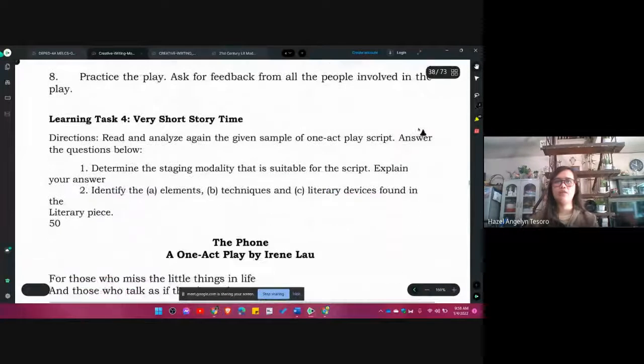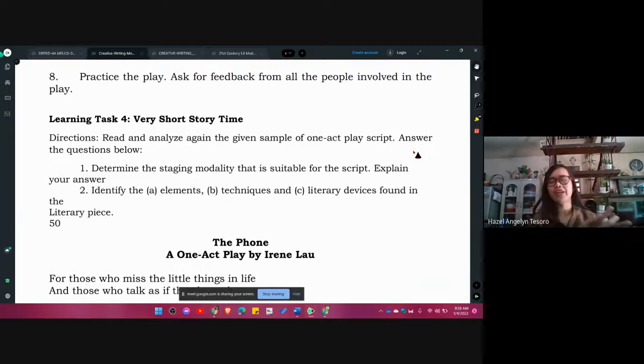Practice the play. So, it's like you're also writing a play for a class, ano, for your class. So, if you've had that experience already of writing a play, then lucky you, ano. Pero kung hindi naman, you can explore that, ano, and it's not really too late to write a play of your own. Kasi kami nung high school, sa class namin na Florante at Laura, we were told to produce a play.